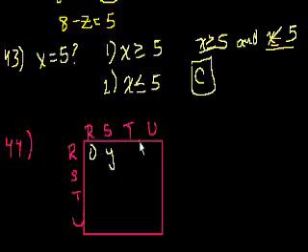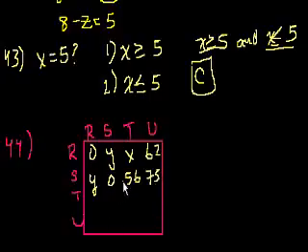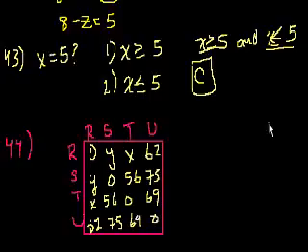The rows are: 0, y, x, 62; y, 0, 56, 75; x, 56, 0, 69; and 62, 75, 69, 0.